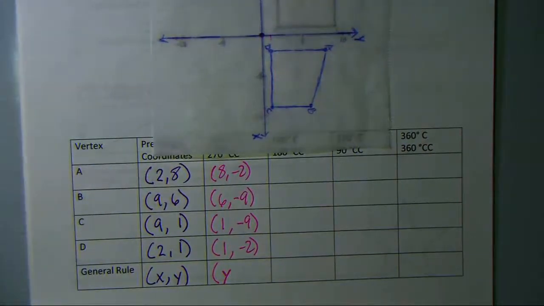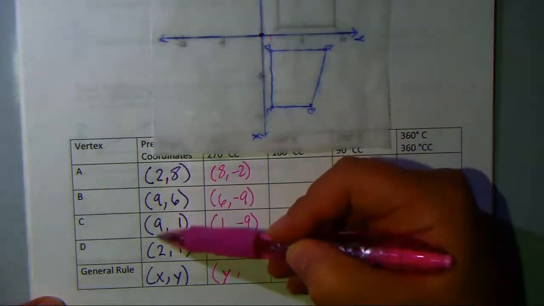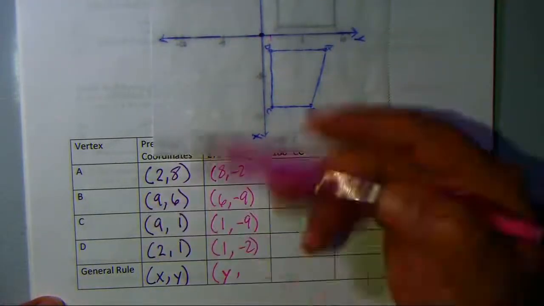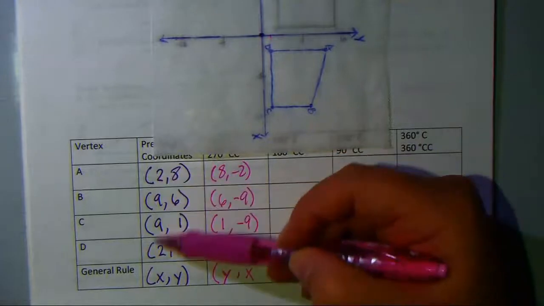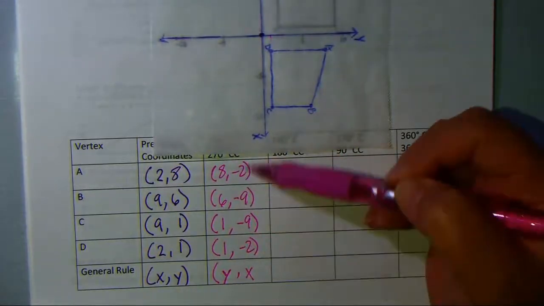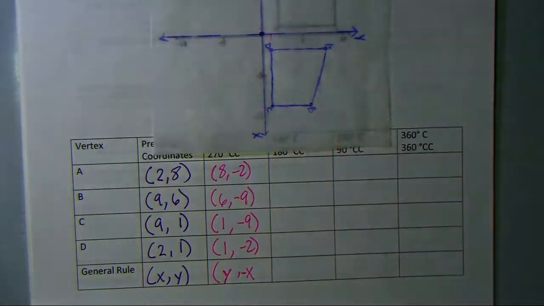So that becomes y, okay? And then we'll notice 2, 9, 9, 2 from our pre-image coordinates, that's our x coordinate. So that means that our x coordinate now became our y coordinate here. But not only that, these are all positive. They've now all changed their sign and become negative. So it's not just our x coming over, we're also changing our sign of our x.